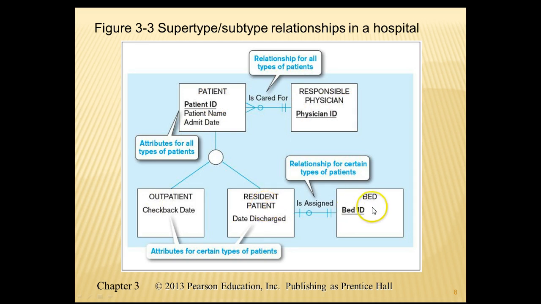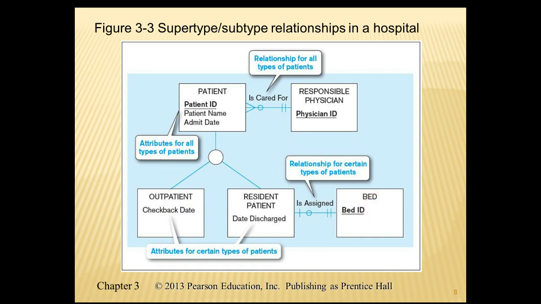Whereas the entity for bed only has a relationship with the resident patient, because of course the outpatient is not going to need a bed. Now, notice the relationship and the cardinality here.